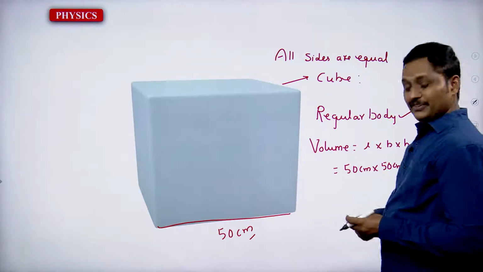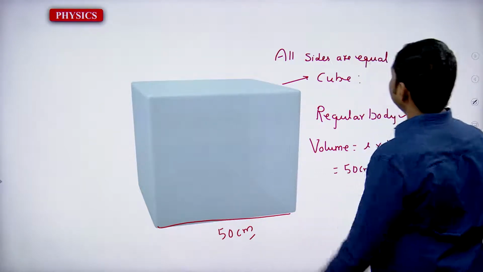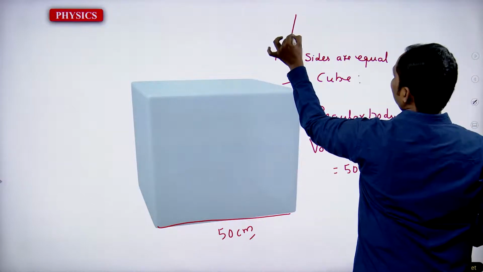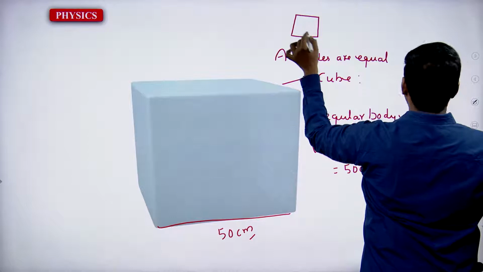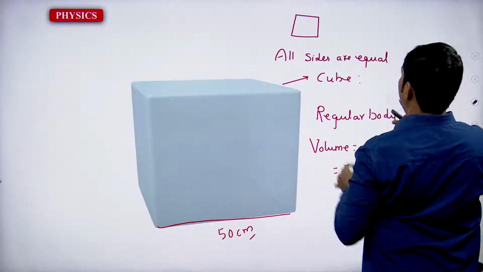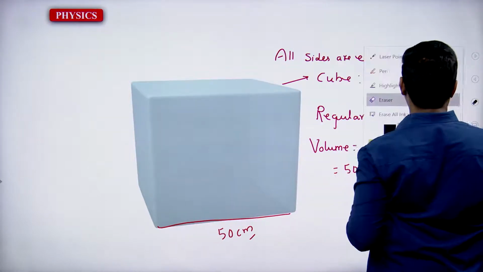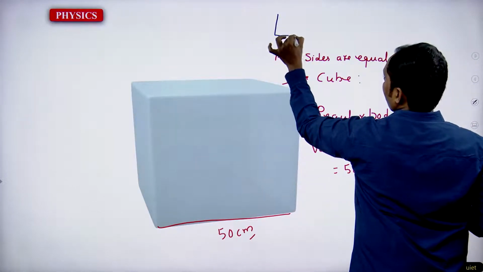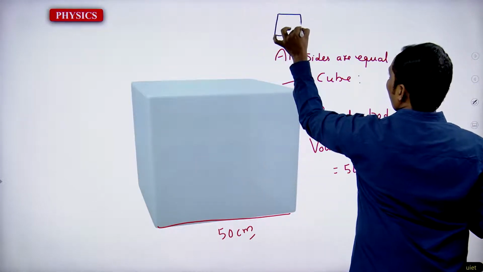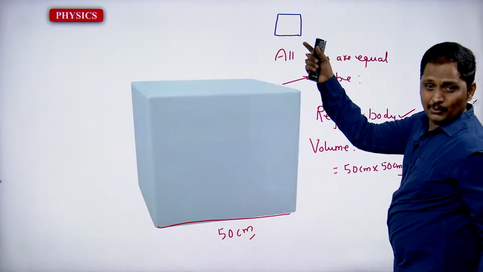Suppose you are going to measure the area also, depending on the area. All sides are equal, no doubt at all.